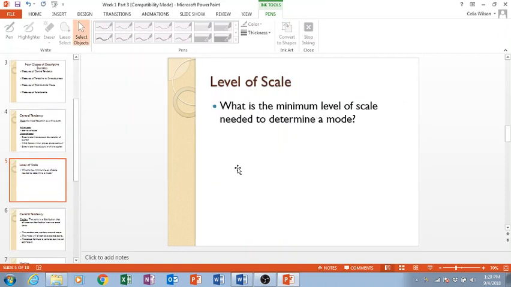For the level of scale, you need to have at least, let me turn my pen back on, yay for the spin. You need to have at least nominal data. So if you have nominal data, the problem is if I put my hand down on this little pad, it does weird stuff. So if you have nominal data, like you have, I always use gender, don't I? So I'm going to say treatment and control.